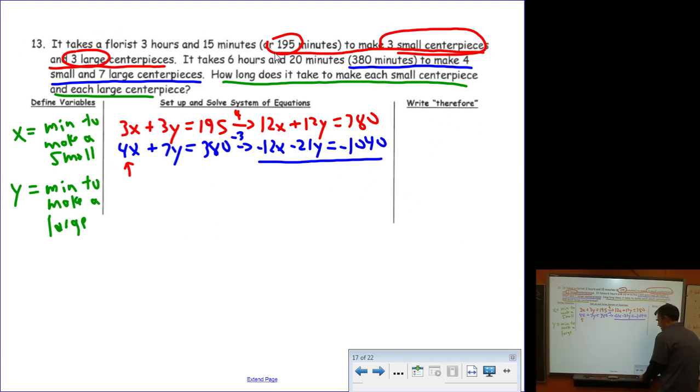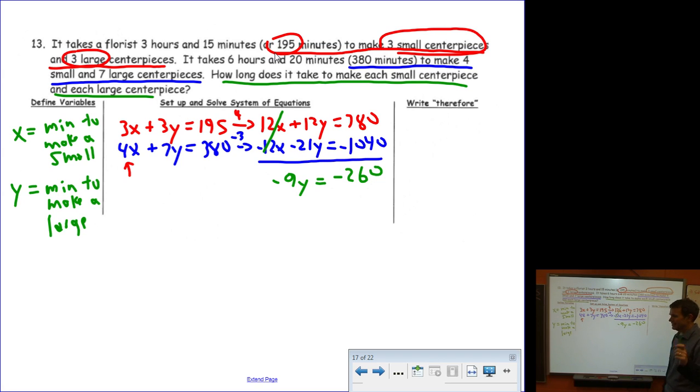And then I can add these together, and I get -9y, and what is that? -260? Let's see if I like that.